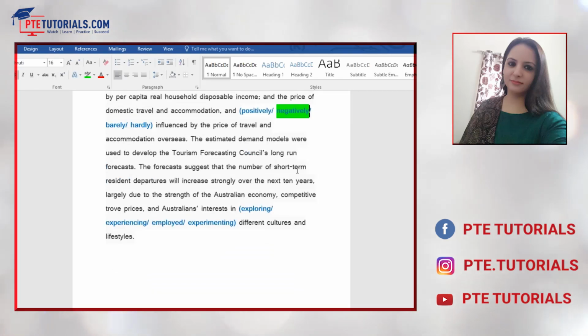And in the last, the forecast suggests that the number of short-term resident departures will increase strongly over the next 10 years, largely due to the strength of the Australian economy, competitive travel prices, and Australians' interest in exploring cultures, experiencing cultures, employed cultures, or experimenting.